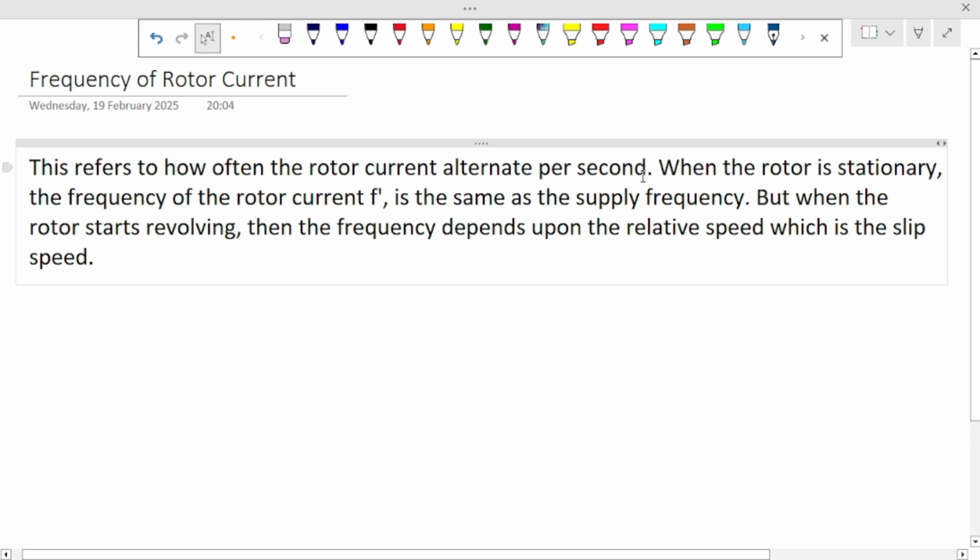Now, when the rotor current is stationary, the frequency of rotor current is the same as the supply frequency.